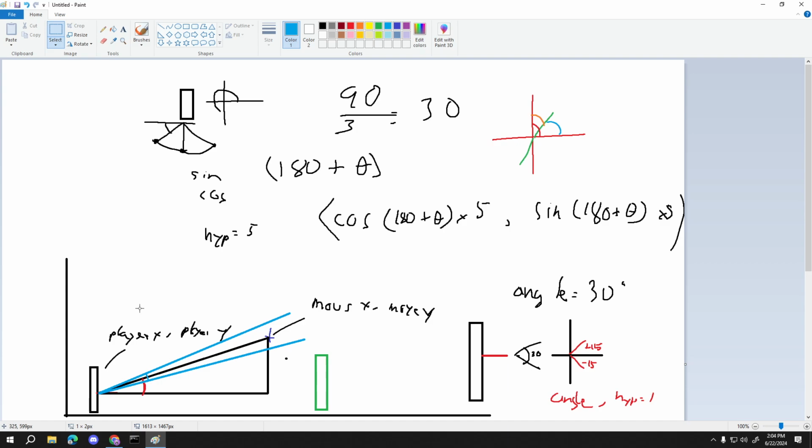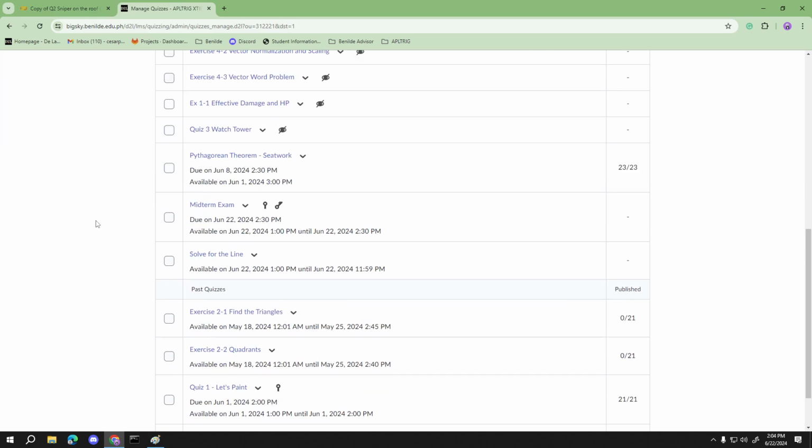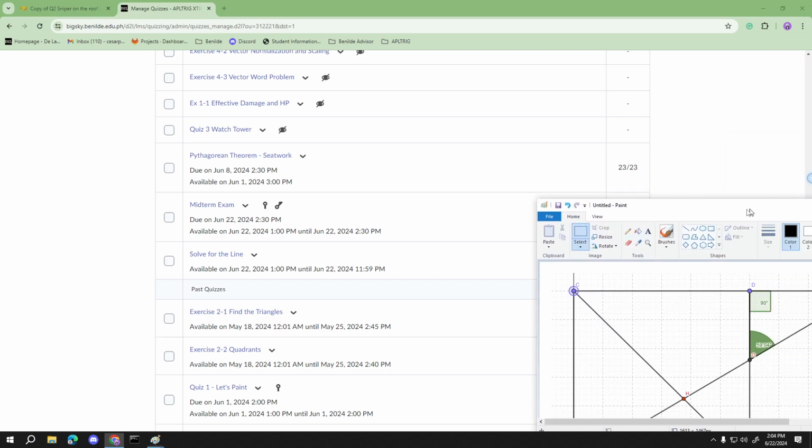Right? So that's it for this discussion. For your activity, make sure to go to the quizzes. It's an exercise. Solve for the line. In this exercise, you have to answer 5 questions.